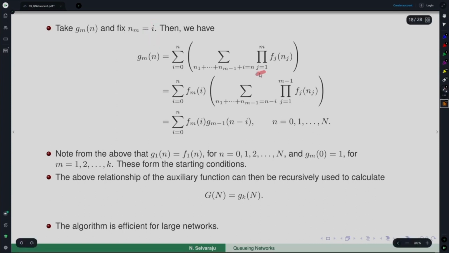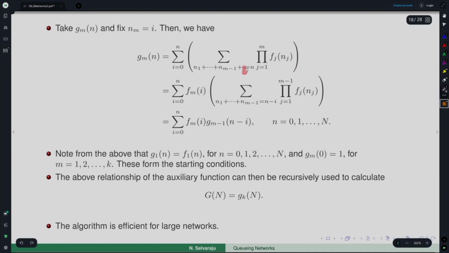So, I can change the product, because I am fixing that i there. Then what will happen to this sum? It is the summation of n1 plus n2 plus ... plus n_(m-1) plus nm, with nm fixed as i, all equal to small n, and the product over j equal to 1 to m of fj of nj.